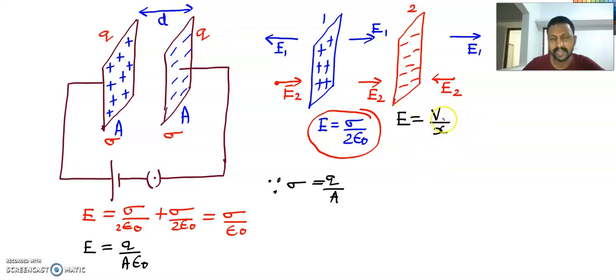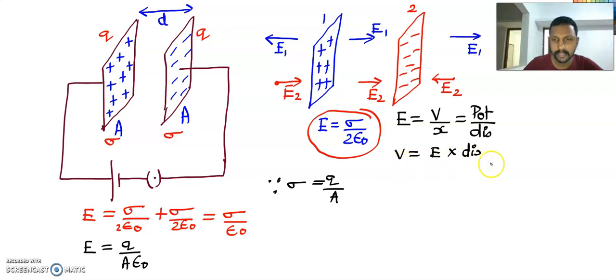This is the relation between electric field intensity and potential. Let me write it in an expanded manner. E is potential divided by distance. Therefore, what is potential then? Potential is equal to electric field intensity into distance.